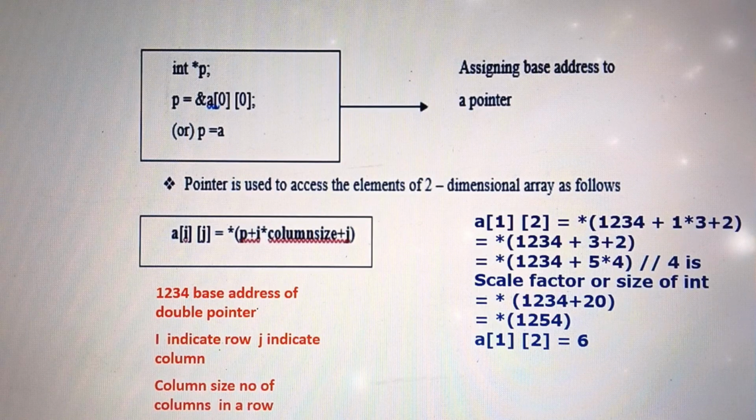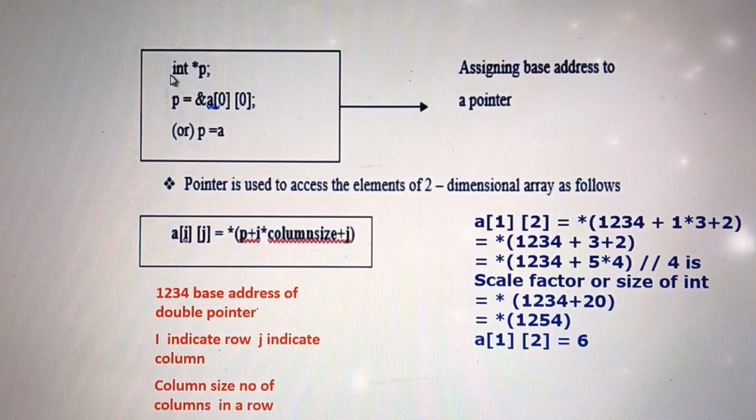Let us study how to assign the base address to a pointer. Here, first declare the pointer: int, pointer notation p. The data type is that of the double dimensional array which you want to store in the pointer p, whose data type is integer.